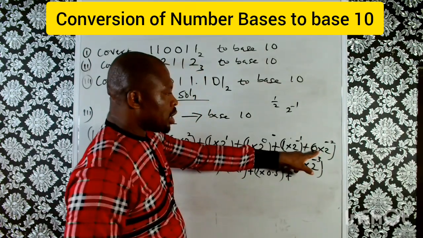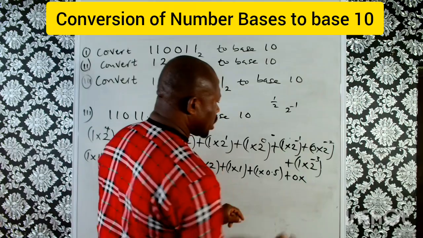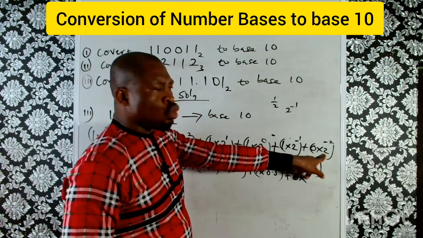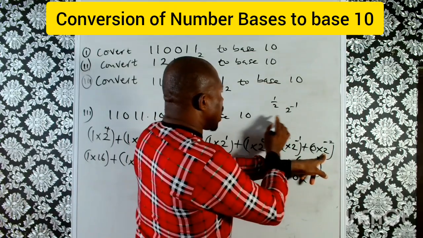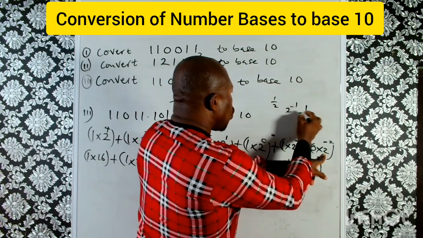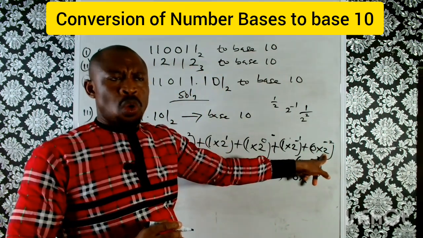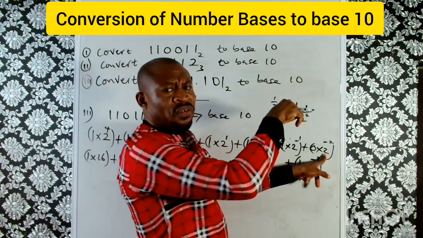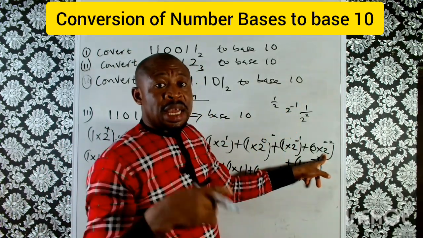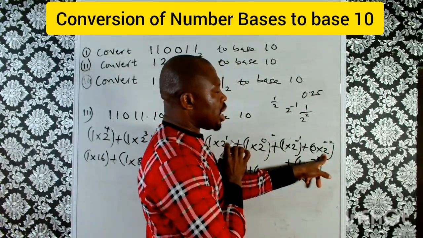Plus, this is where we are now, 0 times 2 raised to power minus 2, which is the same as saying 1 over 2 squared. And 2 squared is 4, and the inverse of 4 is 0.25.